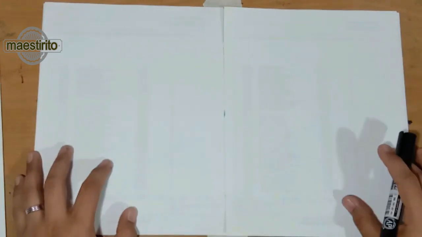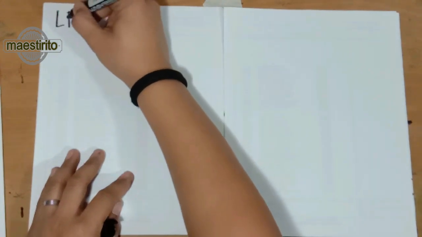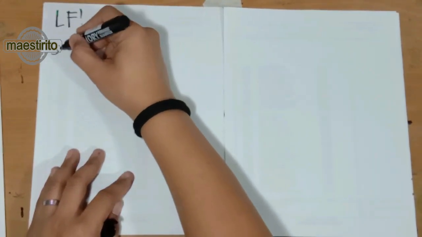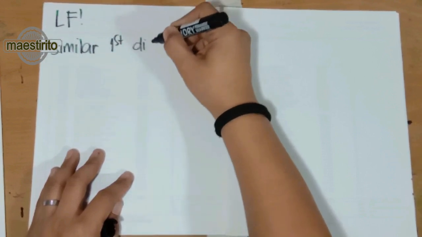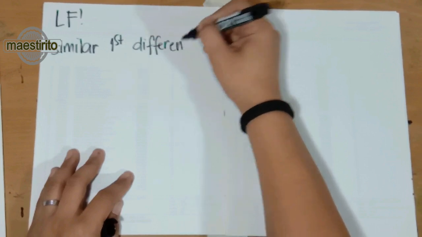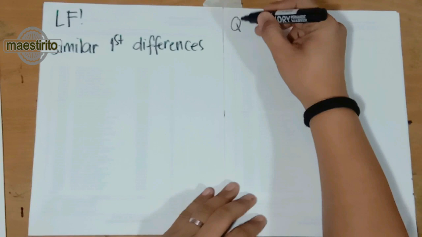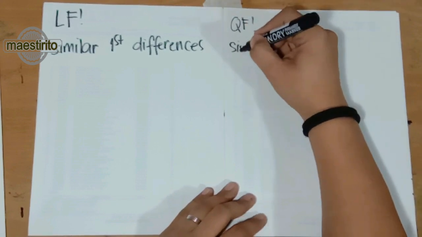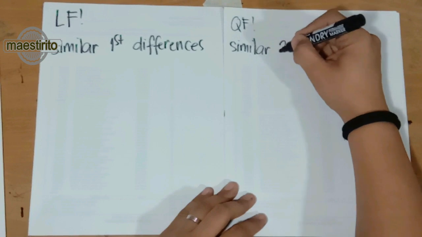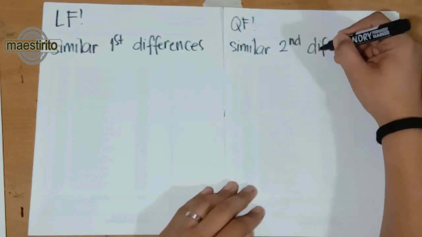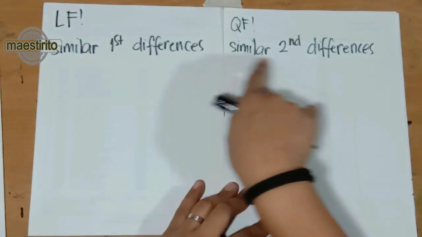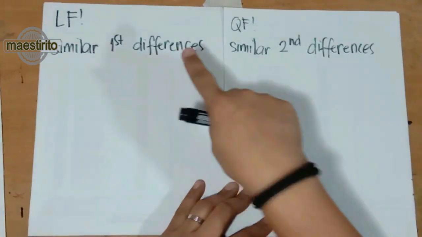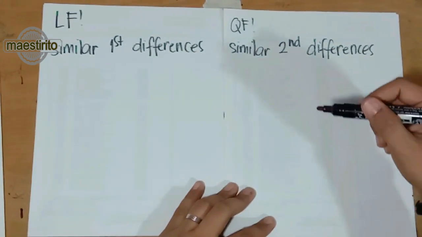Okay, so let us now summarize our lesson for today. For the linear function, we have similar first differences. For the quadratic function, we have similar second differences. And again, before you proceed to this, you must inspect first the first differences of the independent variables.